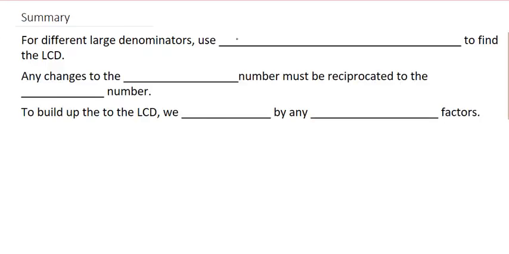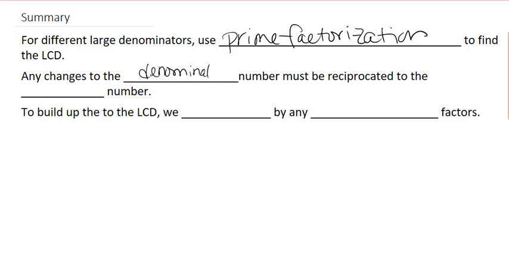So let's write this in. To find the least common denominator, any changes to the denominator or bottom number must be reciprocated to the top, the numerator.